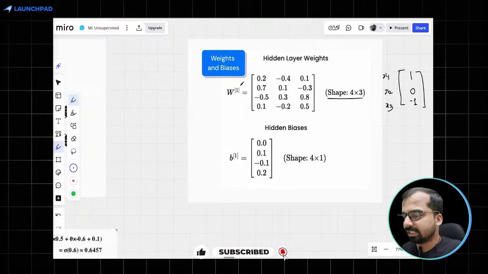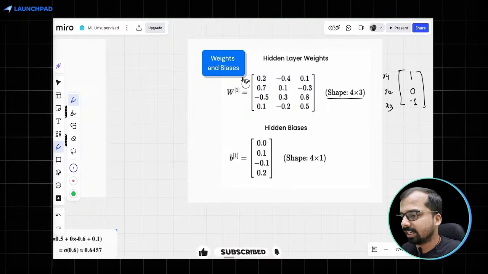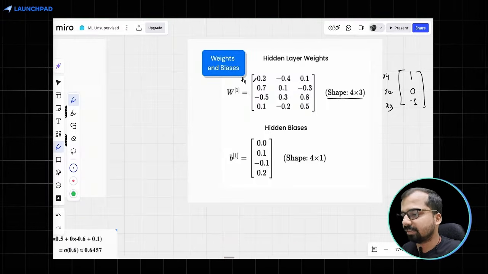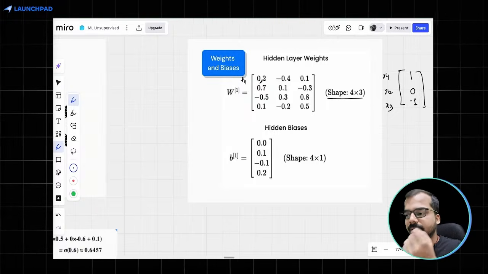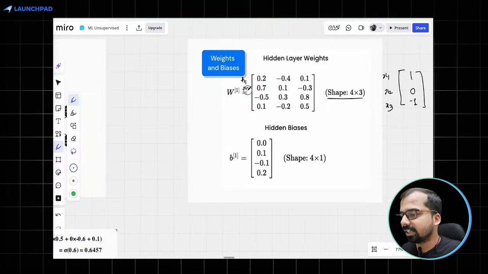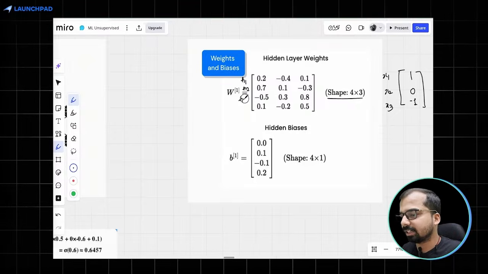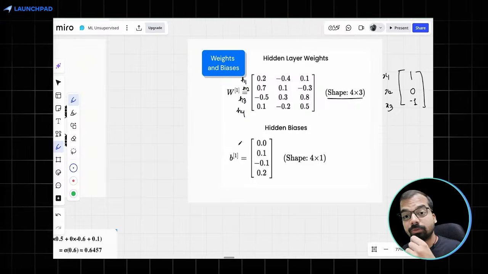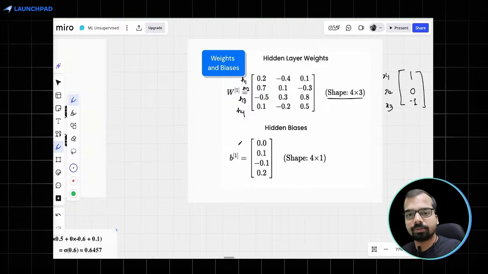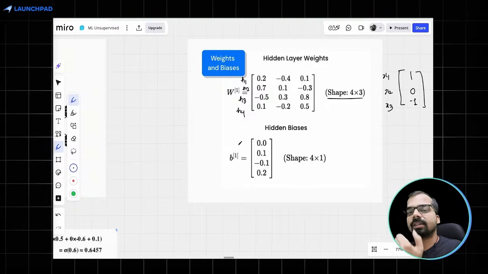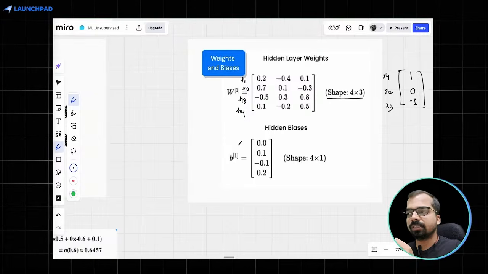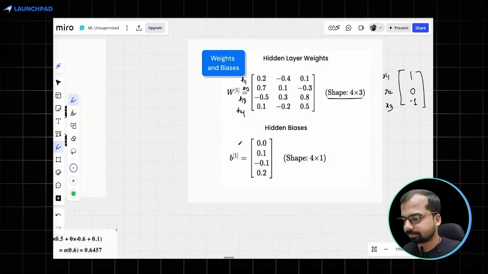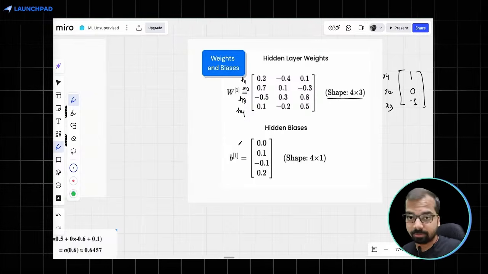So this tells us, these values are the weights for the first hidden neuron, these are the weights for the second, these are the weights for the third, these are the weights for the fourth. Also you remember we had the concept of biases, so that a decision boundary is not restricted to the origin, not passing through the origin. It could be possible, right?